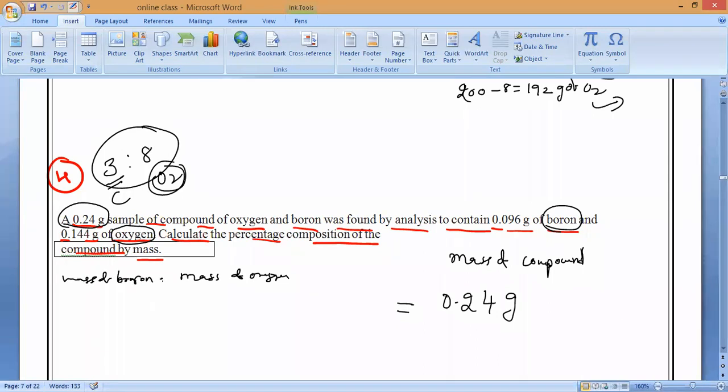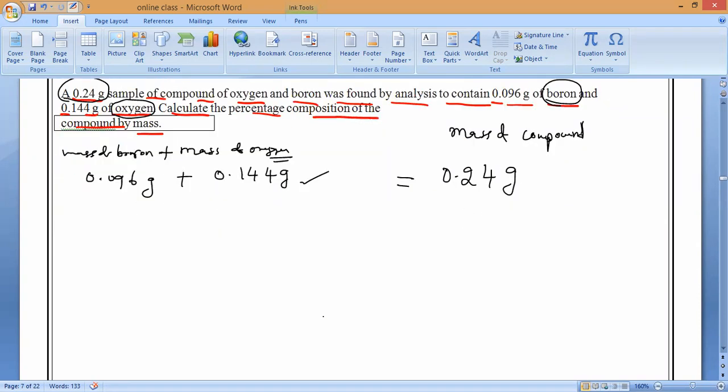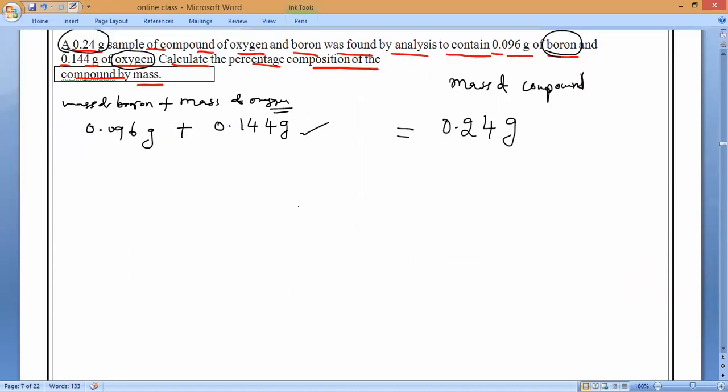Mass of boron 0.096 grams plus mass of oxygen 0.144 grams. 0.096 plus 0.144 equals 0.24. Add it and tell me, is it right or wrong? Is it true or not?